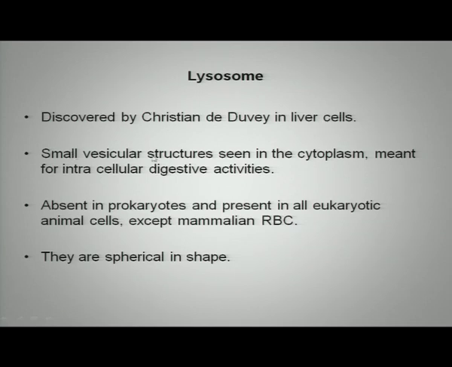It is a small vesicular structure seen in the cytoplasm, and it is meant for intracellular digestive activities. It is absent in prokaryotes and present in all the eukaryotic animal cells, except in mammalian RBC.